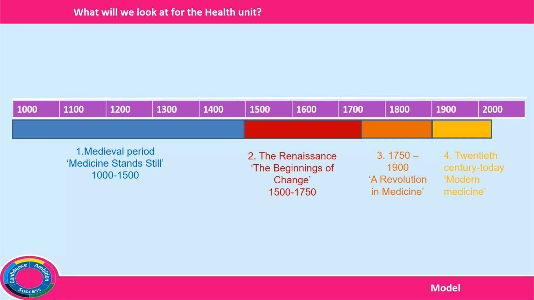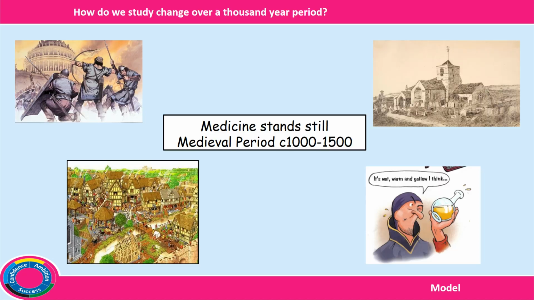We then move on and look at the period from 1750 to 1900, which is known as a revolution in medicine. Now, this is where even more new ideas come about. Before we move on and look at the modern medicine, so 20th century, even up until today, so present times, we'll look at the developments and the changes that have occurred to get us to where we are today.